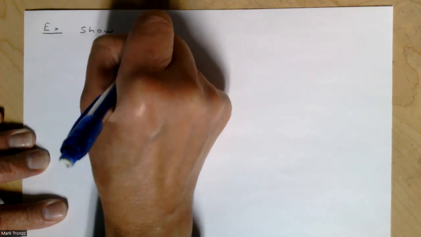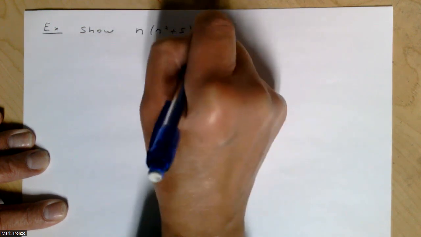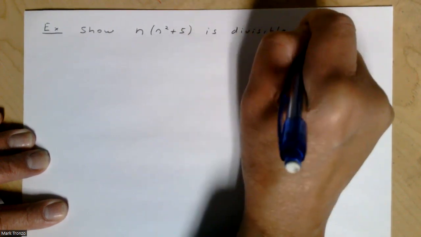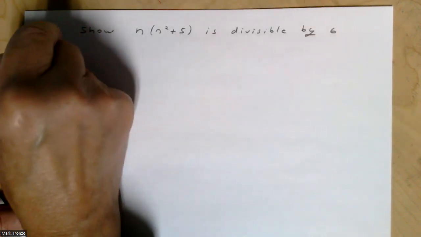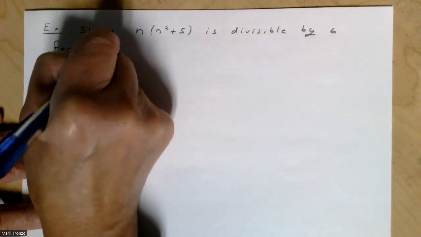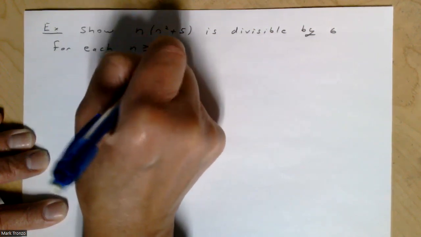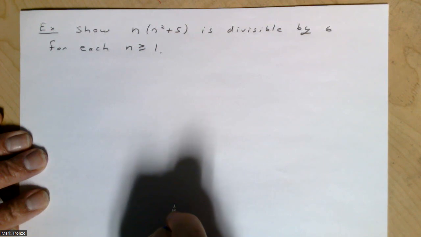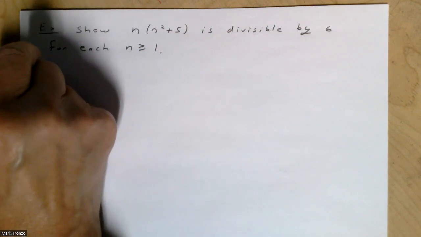And let me do one more example. I want to show this is divisible by 6 for each n greater than or equal to 1.